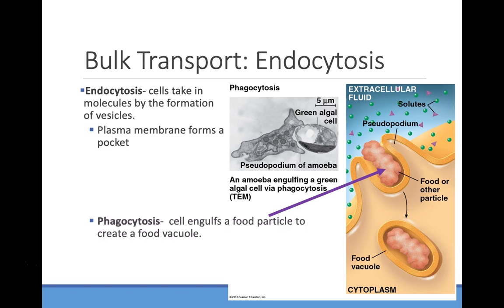Endocytosis is not necessarily specific. It might be engulfing a specific prey item, if you will, but it's not necessarily bringing in only that particle. It can bring in other things as well. Our picture there shows an amoeba eating a green algae cell, and it's doing that by wrapping its arm-like structures around the cell, and then it's going to engulf it and produce a food vacuole.